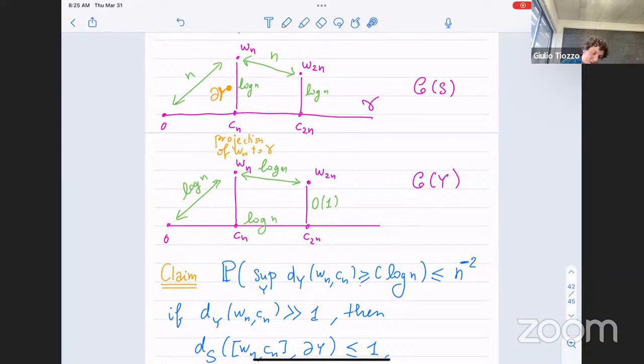And so by the triangle inequality, the distance between these two is at most this one plus this one plus this one. And so it's at most log n. So this is what we get out of looking at this diagram.